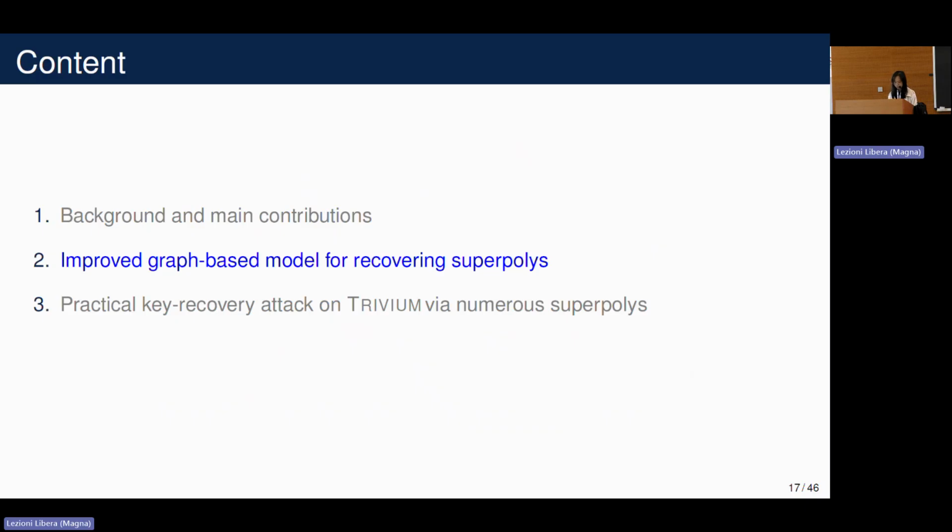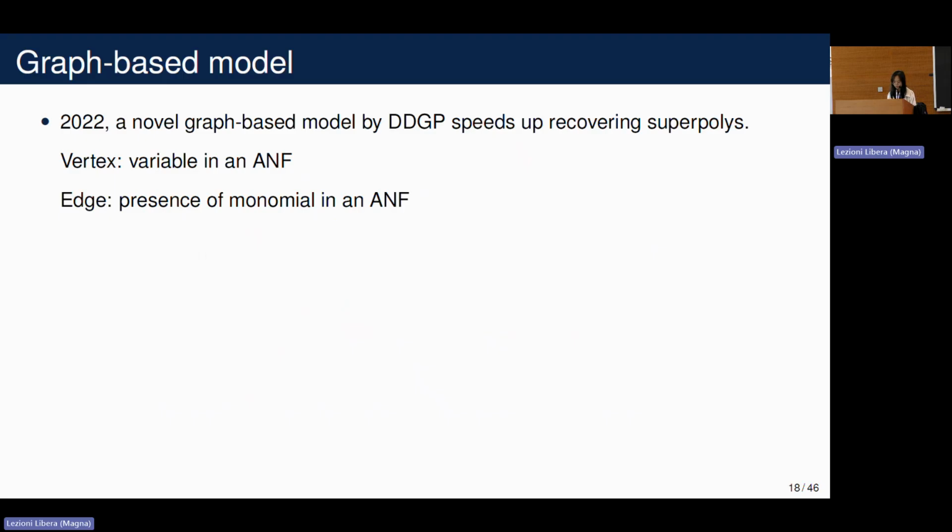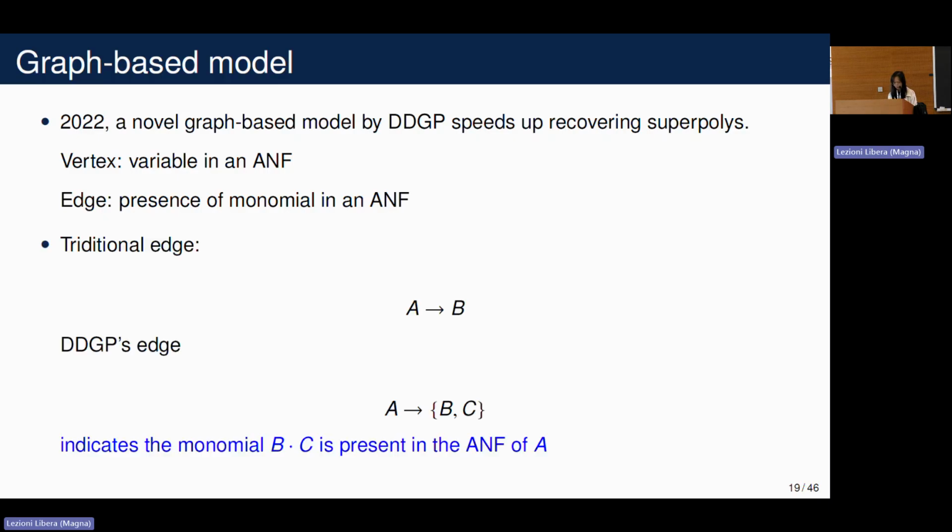Let's begin with the first contribution, the improved graph-based model. The novel graph-based model was presented by DDGPs in 2022. It could speed up the recovery of superpolys. In the model, the vertex stands for a variable in an ANF, and an edge implies the presence of monomials in an ANF.